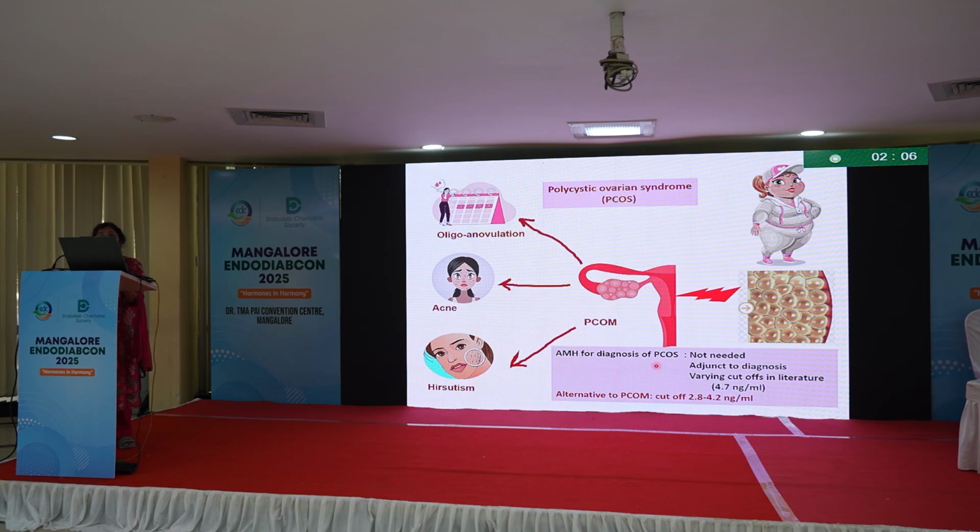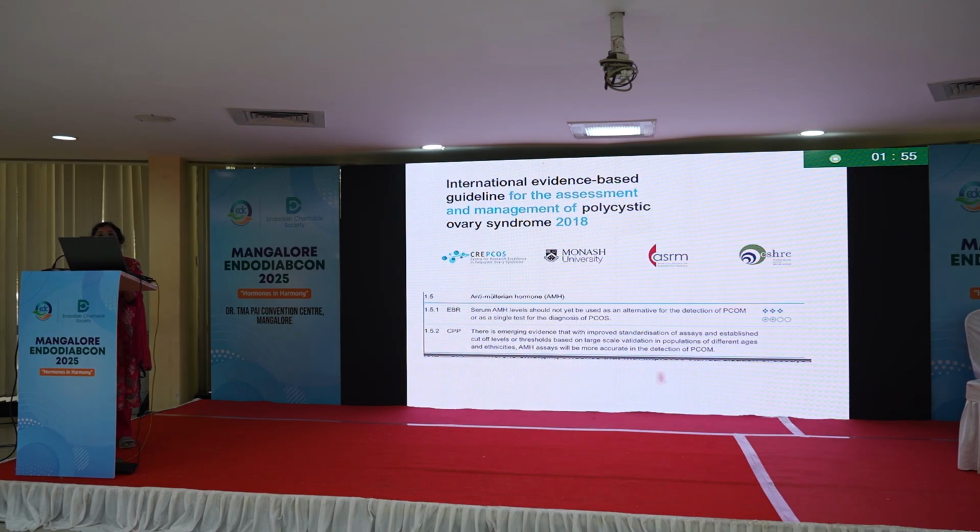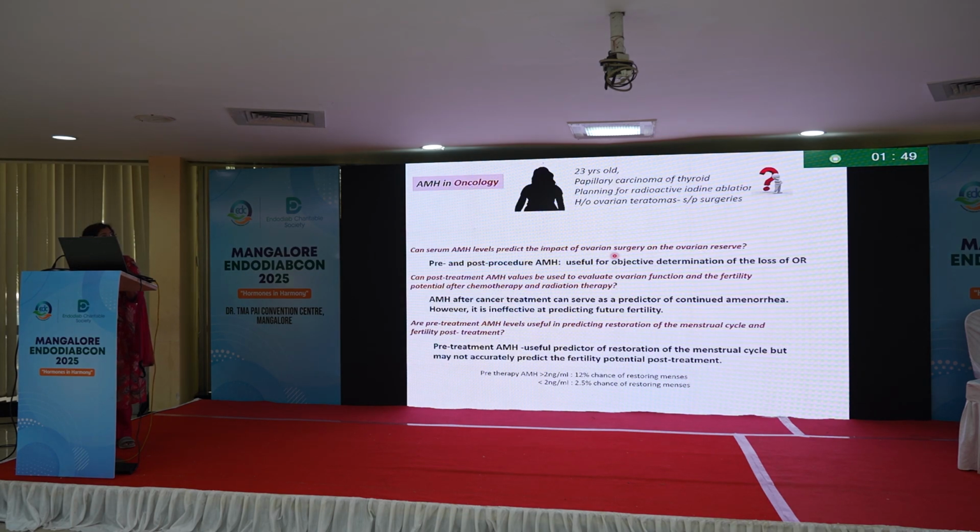It has been proposed to be included, but the problem is at what cutoff. Literature says the cutoff varies across different studies, and as of now we don't have a consensus, and that's what is reflected in the 2018 guidelines, that it should not be used.